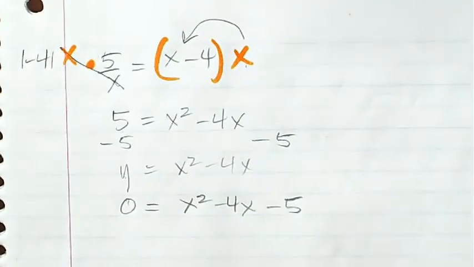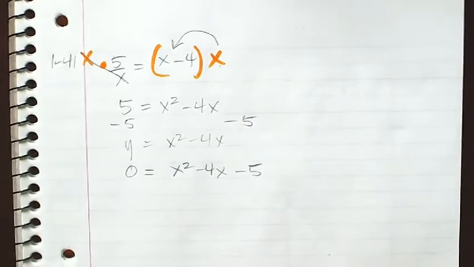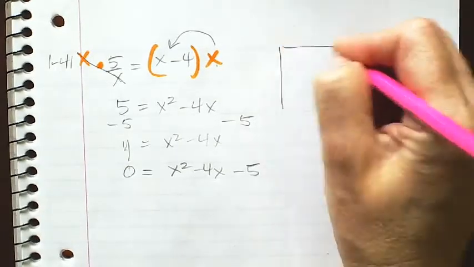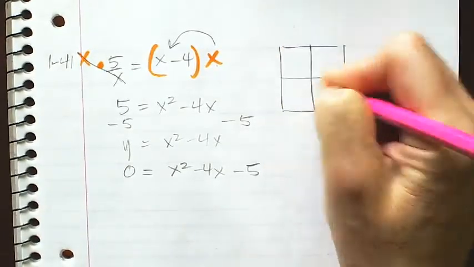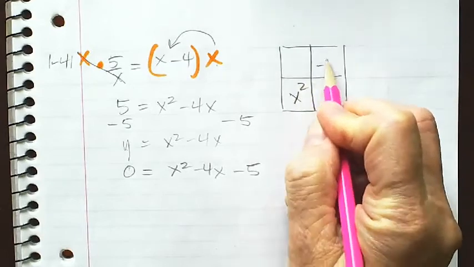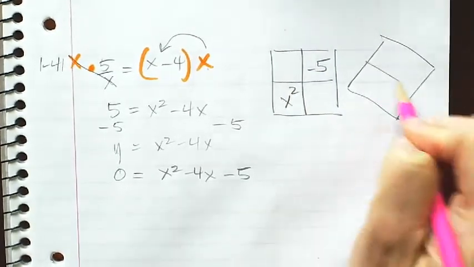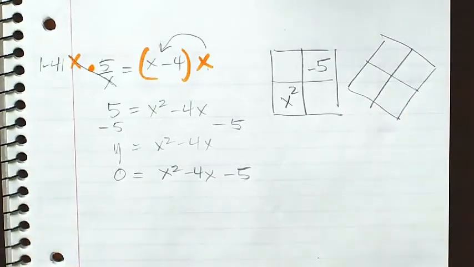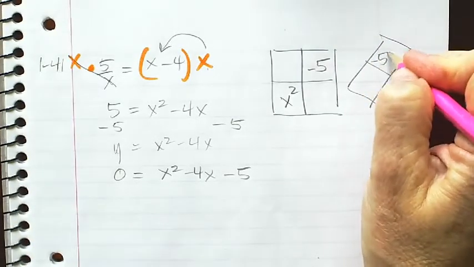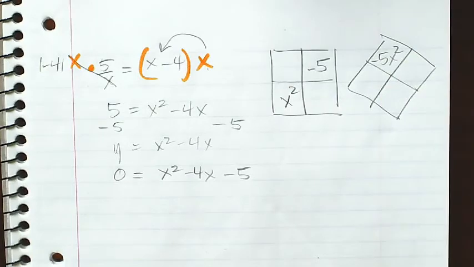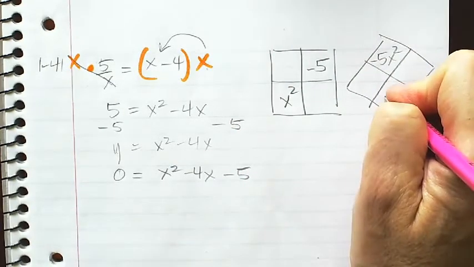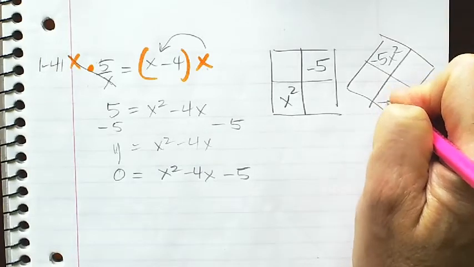And if I solve that, I need to factor. So x squared and negative 5 in opposite corners. Multiply those, that's going to give you negative 5x squared with a sum of negative 4x.